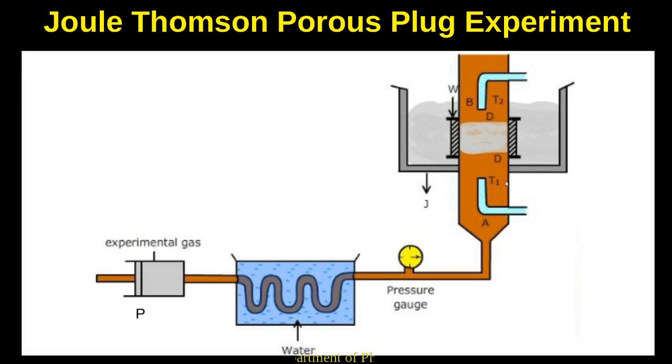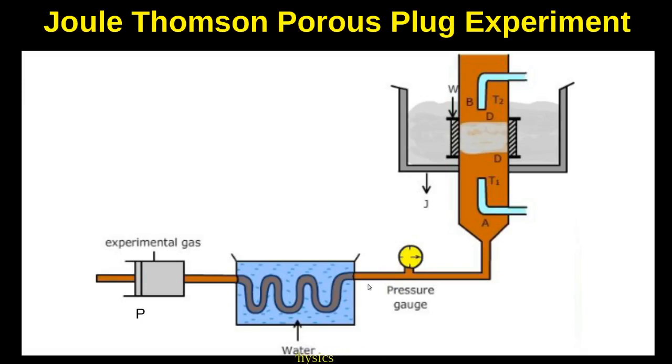Now the gas is compressed to a high pressure with the help of a piston, and it is passed through a spiral tube. That spiral tube is fitted in a water bath, maintained at a constant temperature.